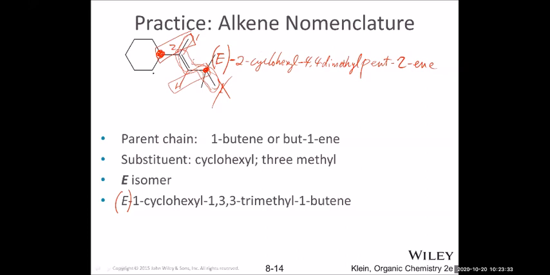And the other way, according to this slide, I need to check the book. This is a different way from what we named the first example. It looks basically like the same structure, but this one gives the longest chain as only butene.